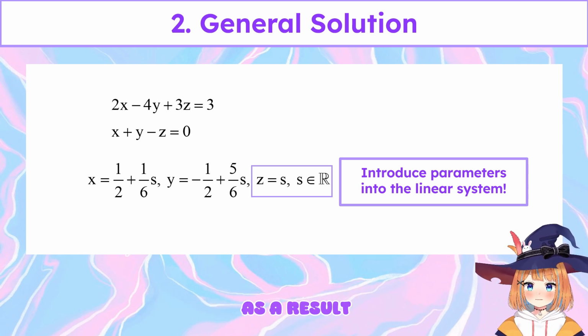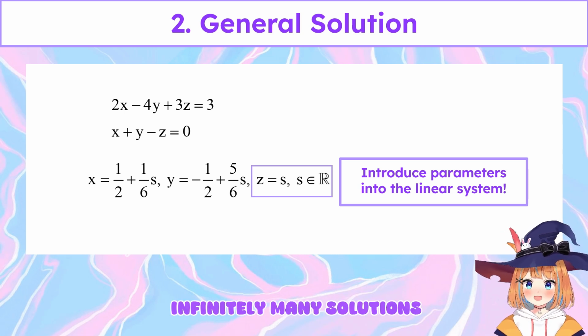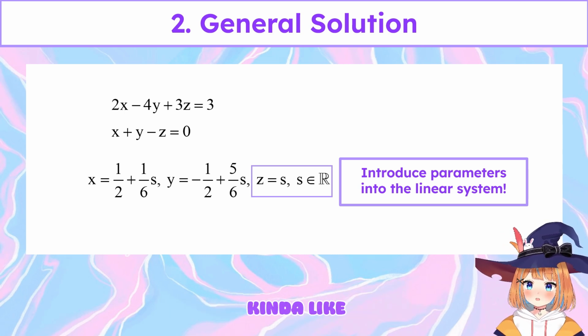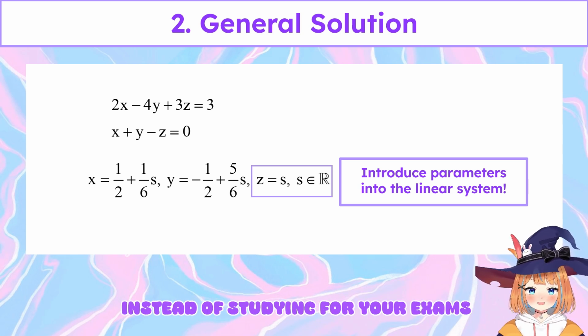As a result, we will obtain x equals 1/2 plus 1/6 s, y equals negative 1/2 plus 5/6 s, z equals 2s, where s is a real number. And boom! We get infinitely many solutions. Kinda like the infinitely many ways you can procrastinate instead of studying for your exams.